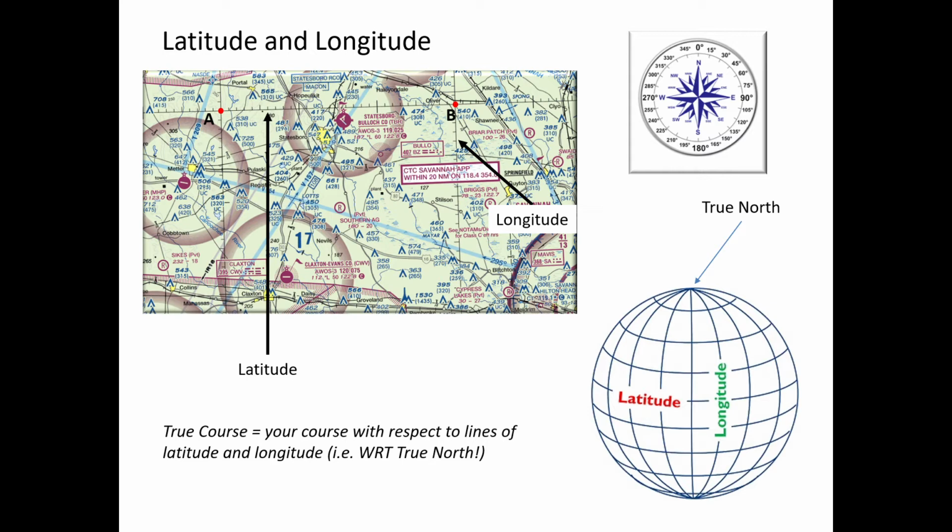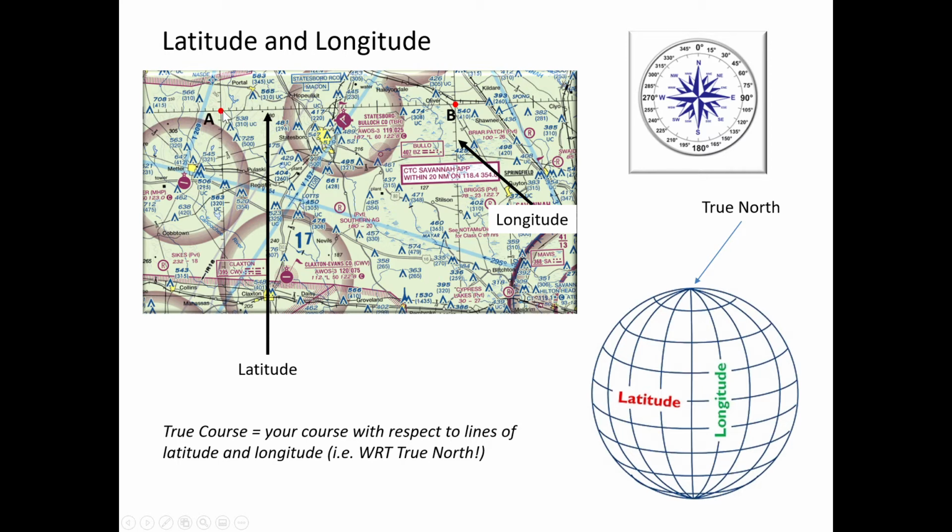So if you are drawing course lines on your sectional using lines of latitude and longitude, which are these black tick mark lines that create these square grids, if you're using those to draw your course lines as reference, you're using the true north reference system. And of course, let's use an example here actually.